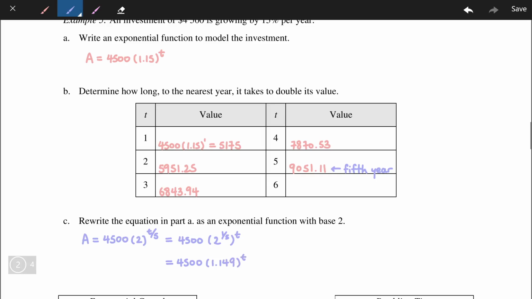Again, that is approximate. So the idea is that the value of 1.149 is very close to 1.15. So this doubling time of 5 years is a very good approximation, as that's what we found in part B.